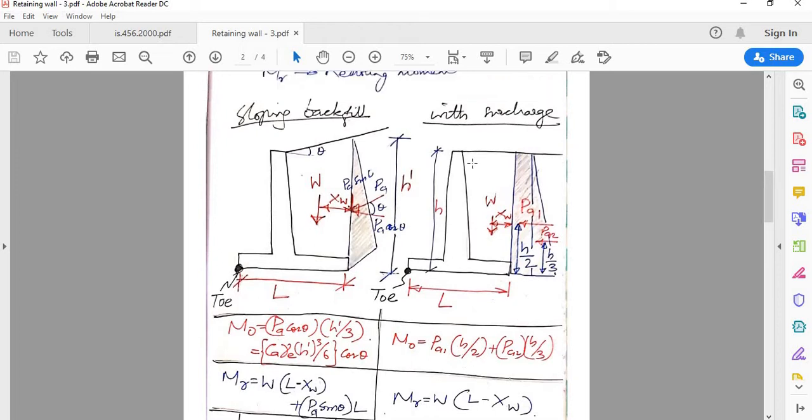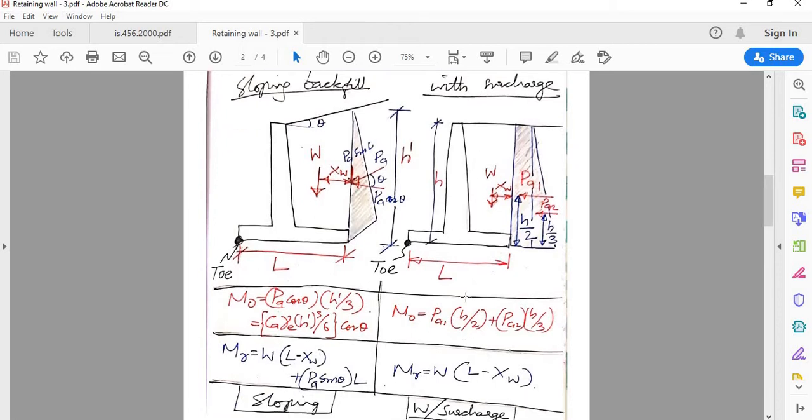Now when you come to level backfill with surcharge, assuming the general case, the overturning moment consists of two parts. As we discussed, when you have the level backfill with surcharge, you have a rectangular active earth pressure diagram and a triangular portion. So the rectangular portion will have the resultant PA1 acting at h by 2, and then you have PA2 for the triangular portion acting at h by 3.